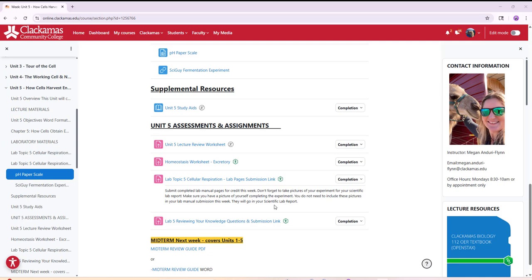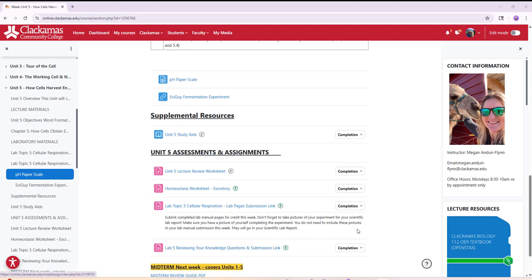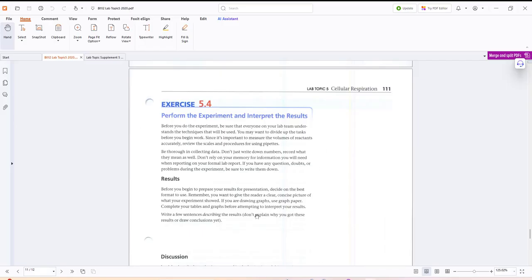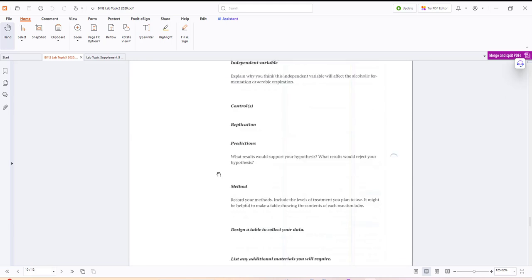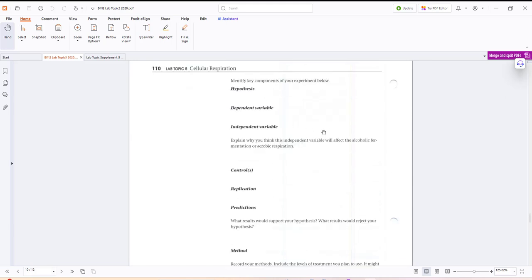And your rough draft for your lab report is not due until next week, but you do have a midterm exam next week, so you might want to start working on the scientific lab report this week if possible. Or at least when you're writing up your experimental design, just make sure you're very detailed.